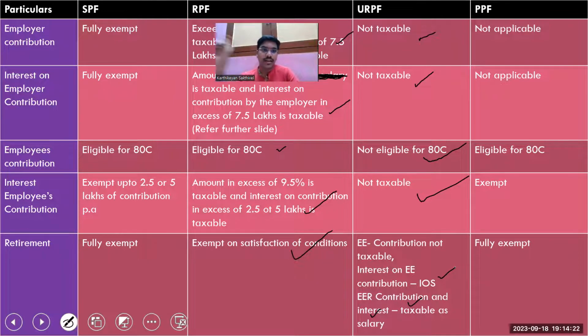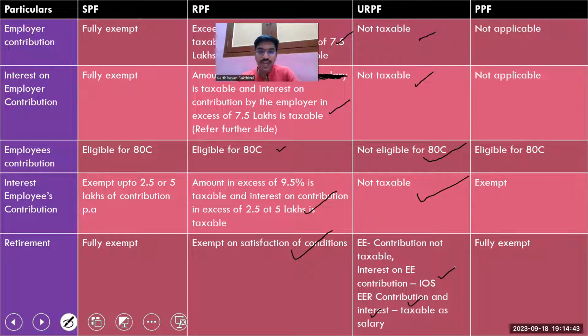Let me put it again. In the case of the unrecognized provident fund, anything at the time of contribution is not taxable or deductible. The employer's contribution is not taxable. Interest on the employer's contribution is not taxable. The employee's contribution is basically an application of income, and interest on the employee's contribution is also not taxable.